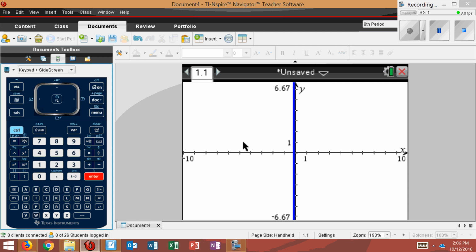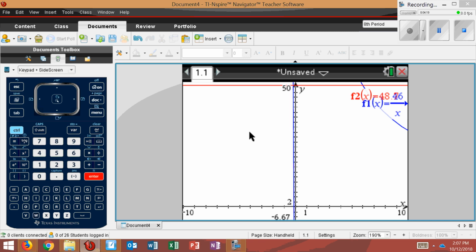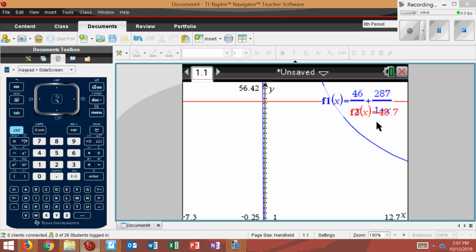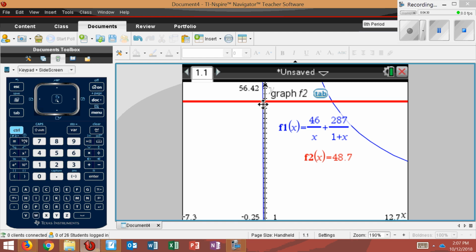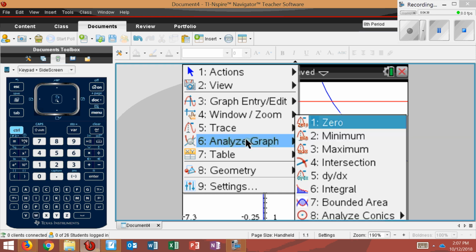Now I can't see the intersection because the graph's not high enough. They're going to cross at $48.67, so I'm just going to make this go up to 50. And we've also learned I can drag the screen just by holding down the center button and dragging it over. I cannot have negative friends, so on this one, I'm not going to go off of this value. I want this one over here because it's real world. I'm only concentrating on the first quadrant of this graph.